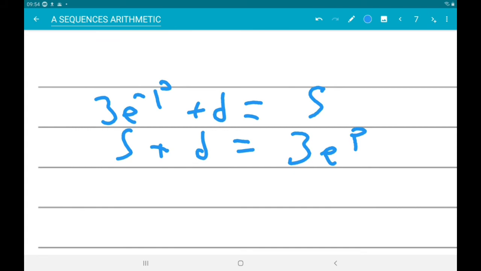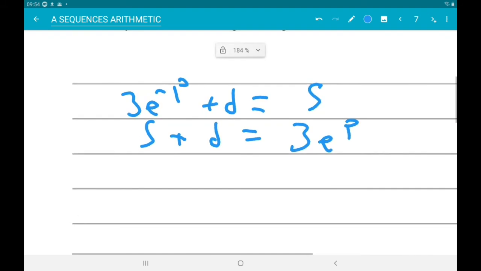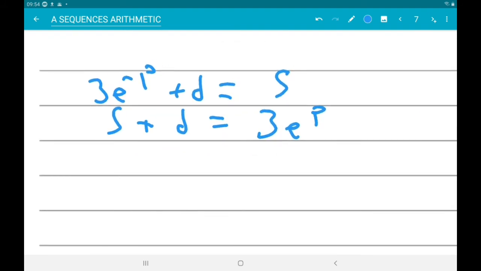Alright, so we want b, we don't care about d, so because they are simultaneous, we can get rid of d. So let's do one take 2.